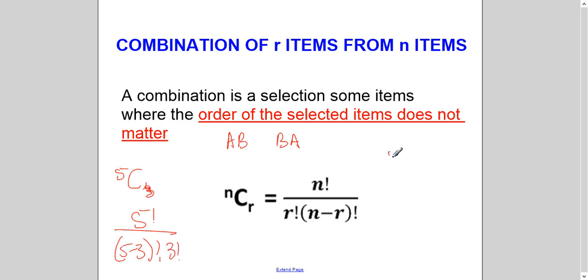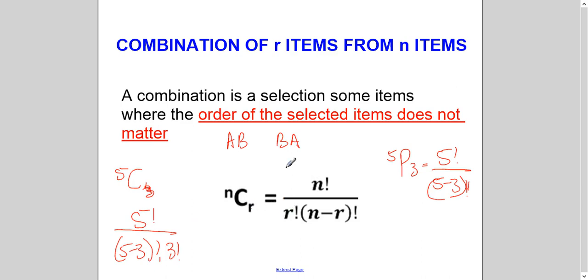Now if you remember, when you were doing 5P3, I'm actually making one connection here, which is very important. That's why I'm writing it here. So it is 5 factorial divided by 5 minus 3 factorial. Now, if you see here the difference between this and this, what is the difference? This 3 factorial is here, which is actually r factorial.